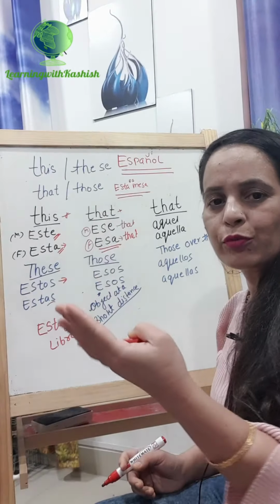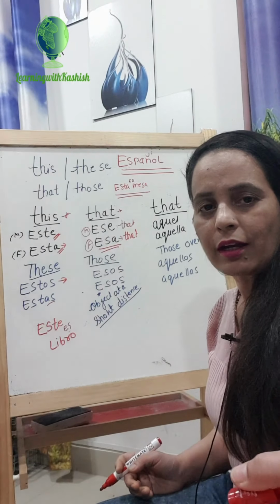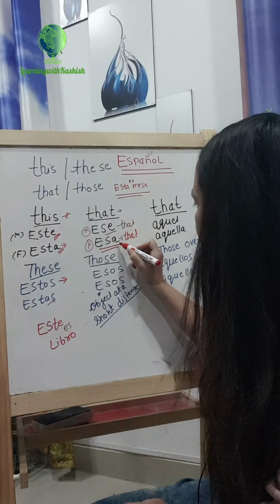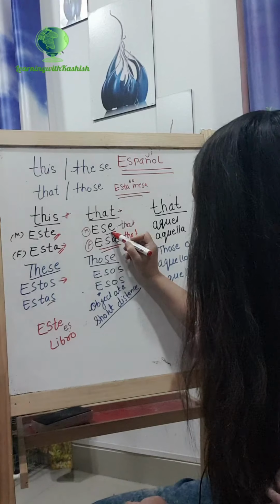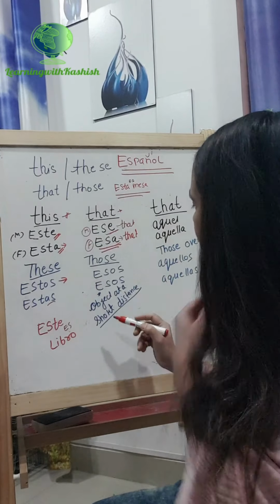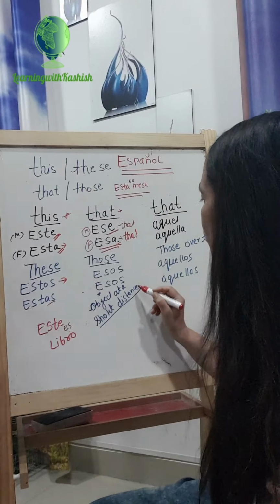For example, if a table is near to you, you can say esa mesa. And if some book is near to you, ese libro.